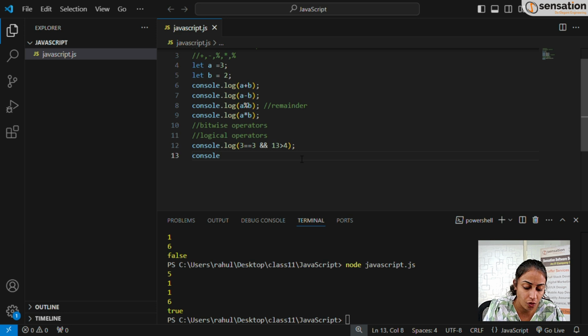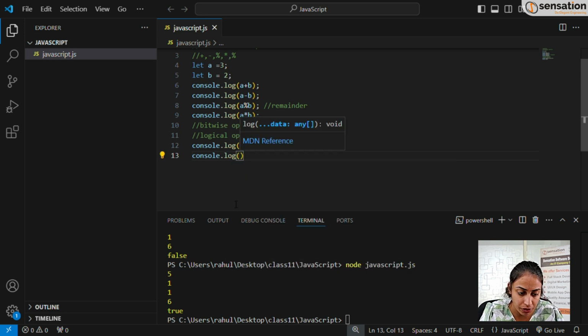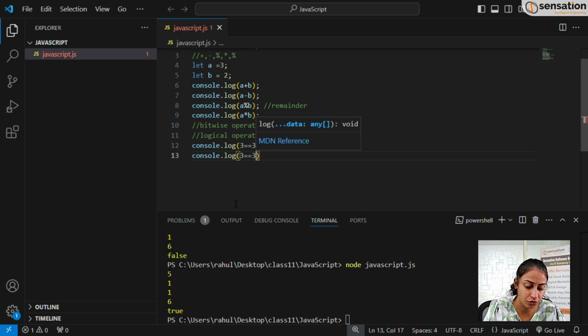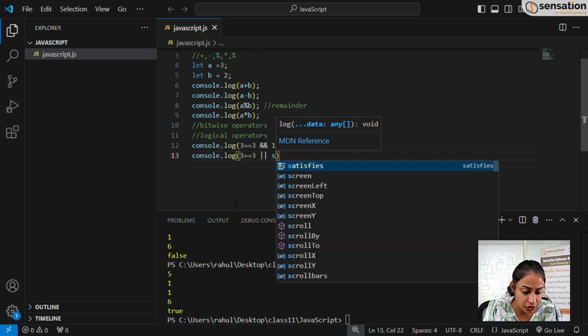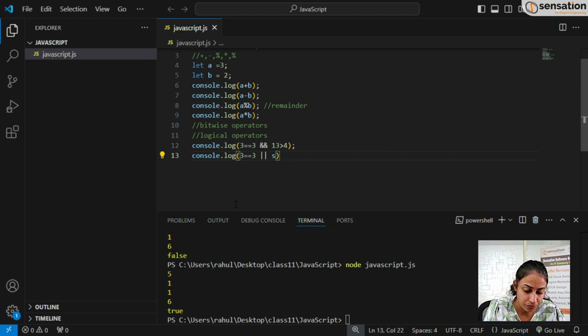In the case of or, if either one of the statements is true, it will give true. Like 3 equals 3 or 3 greater than 6. Now let's print it.